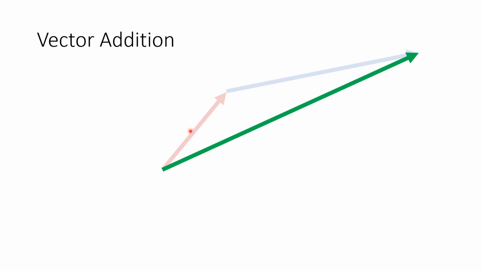I sort of made the other two vectors transparent for this slide. But imagine now this resultant vector, the green one, I'm still calling that R. That resultant vector is just one long vector.